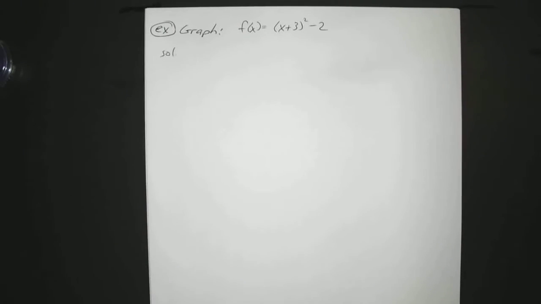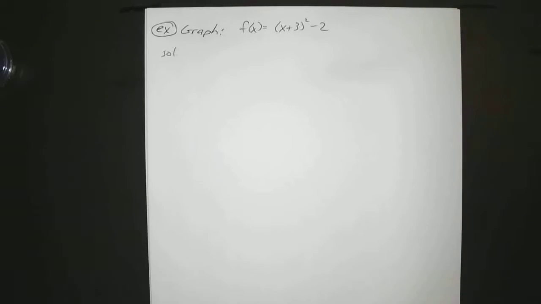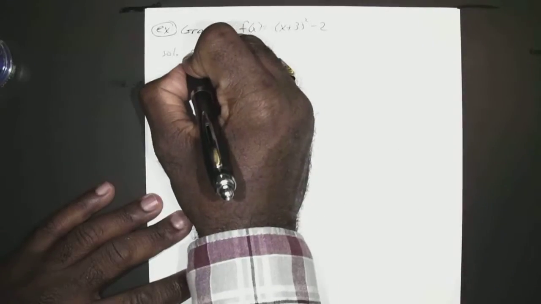So we know whenever that plus or minus is on the outside, it's going to shift up and down. Whenever that plus or minus is on the inside, which you have the plus 3 on the inside of the x squared, you know it's going to shift left to right. Okay, so just a quick little breakdown.